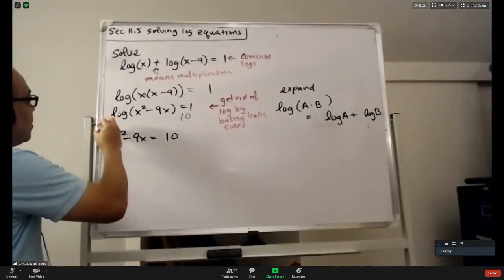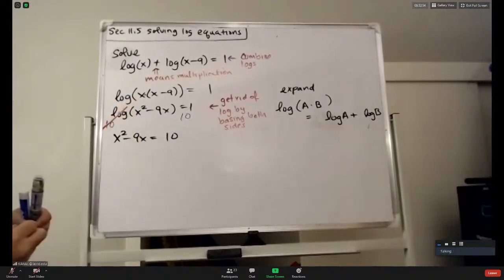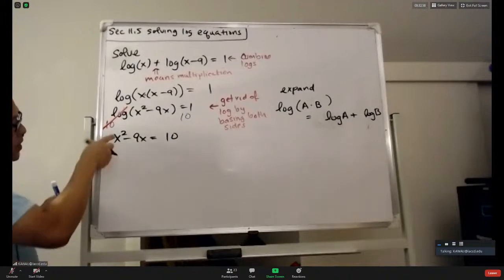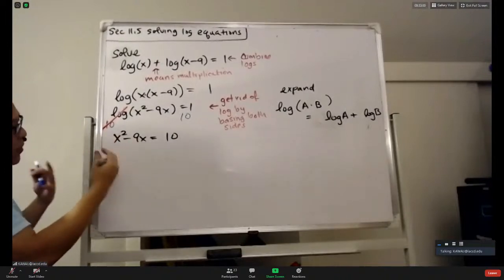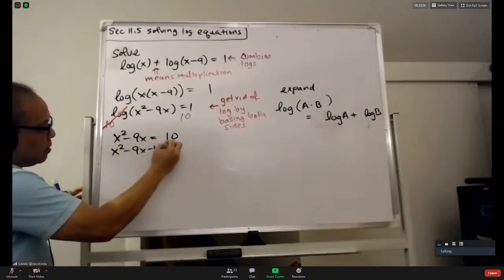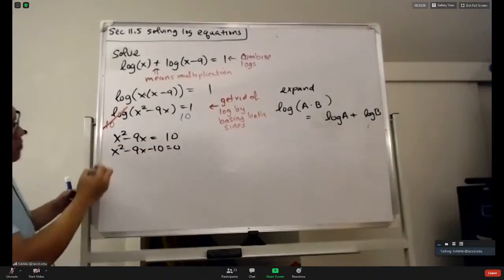So now I have something that I'm familiar with. Because that's a square, I'm going to make one side 0, and then I'm going to factor this puppy.